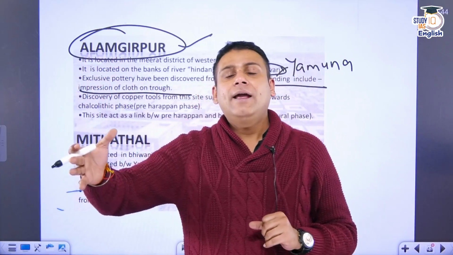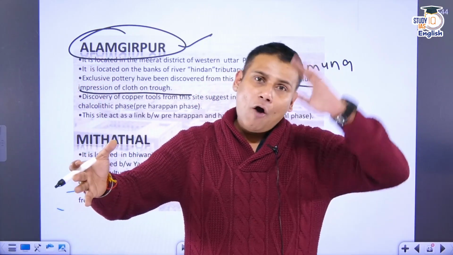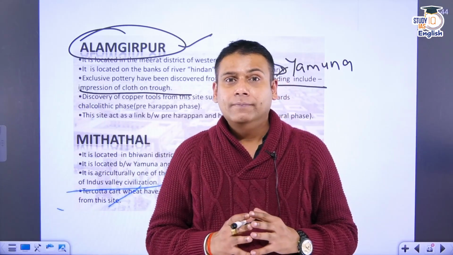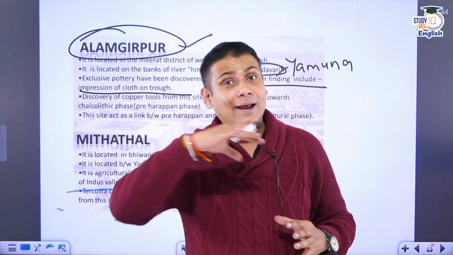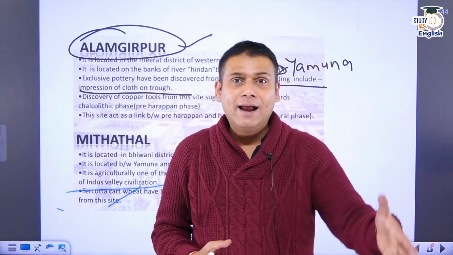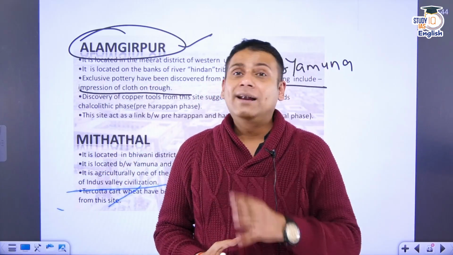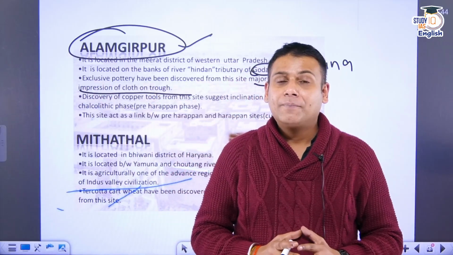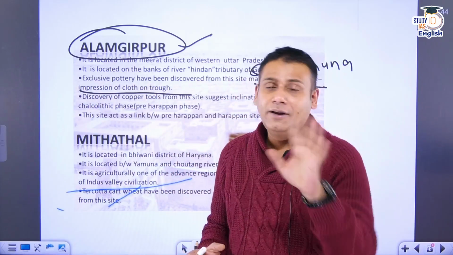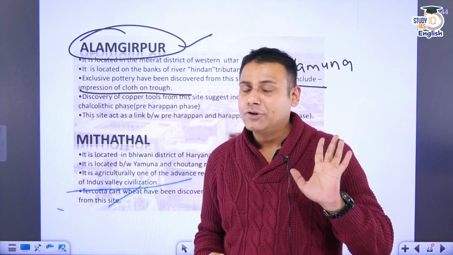On one hand, you will find Indus Valley civilization sites. On the other hand, you will find the locations of this site. Match the following. Or which among the following are correctly or incorrectly matched. On one hand, you will find the important sites. On the other hand, you will find the important findings. Match the following. Okay? So we have to remember, it will take a bit of effort, but after continuous revision, you will remember them. I'm pretty sure about this.